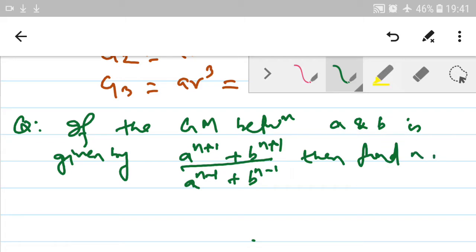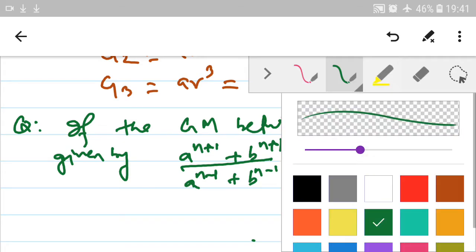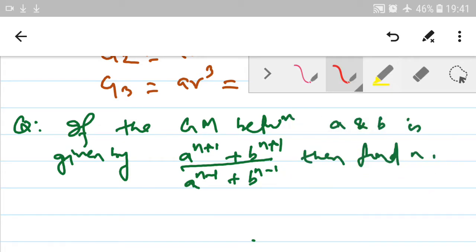Clear? I repeat: A to the power n plus 1 plus B to the power n plus 1 divided by A to the power n minus 1 plus B to the power n minus 1. This is the GM.